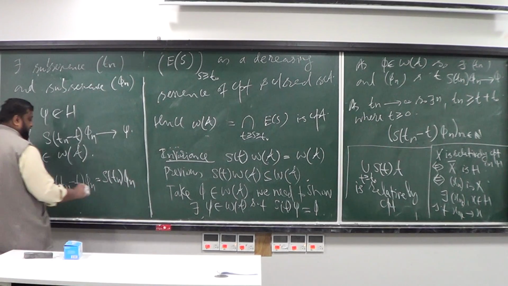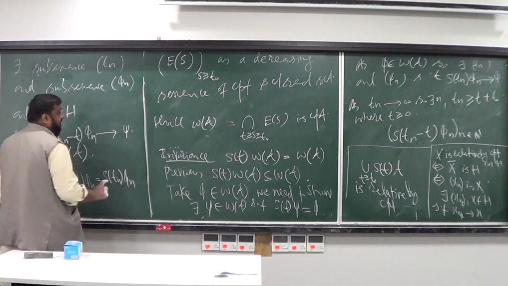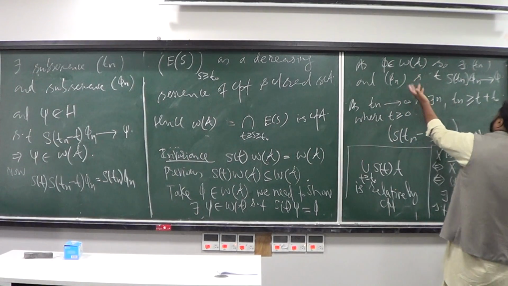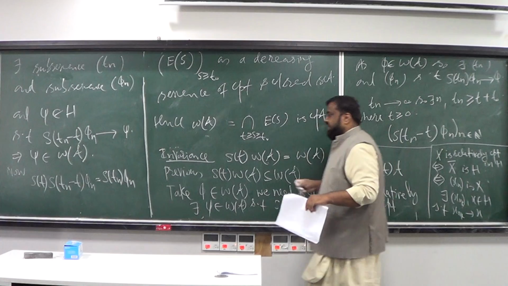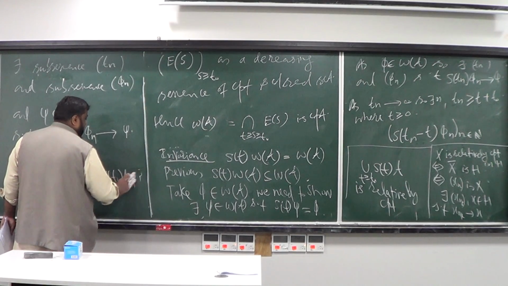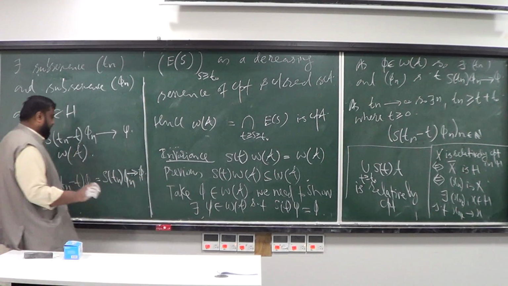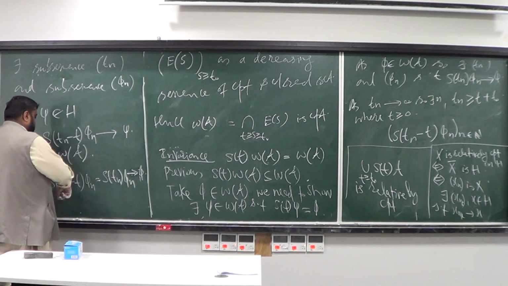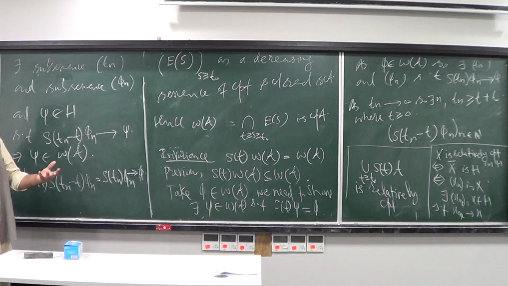This sequence, we know by definition from the first fact, converges to phi. And now let me find another limit for this sequence. Since this is a sequence in a Banach space, there should be a unique limit, and hence both limits should be equal.